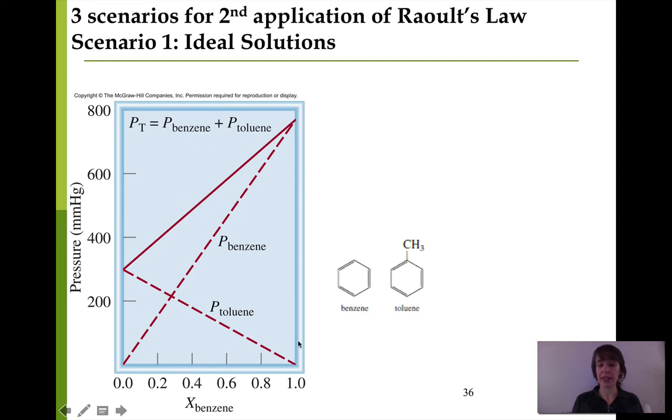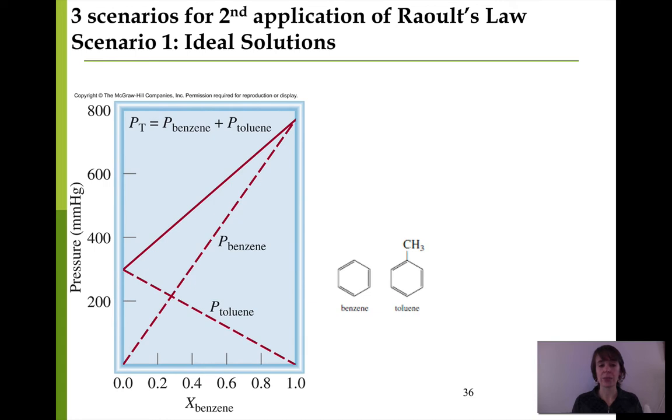So we can see that if it's completely 100% benzene, we have a vapor pressure close to what we were given as benzene's typical vapor pressure at this temperature, which is about 750. So that's at x equals 1. At x equals 0, we've got all toluene, and so we have a vapor pressure equal to toluene's vapor pressure, about 300 millimeters of mercury.